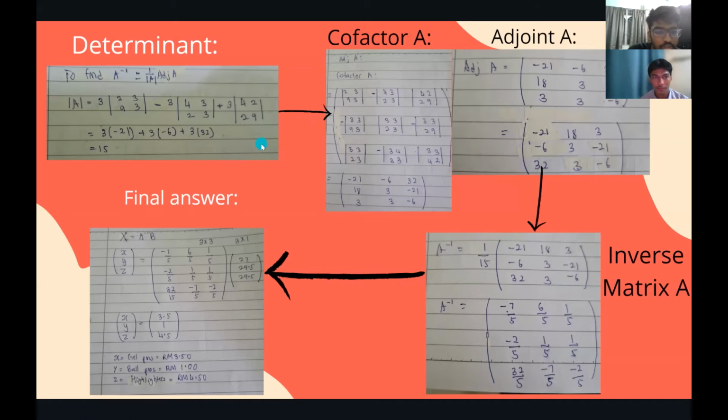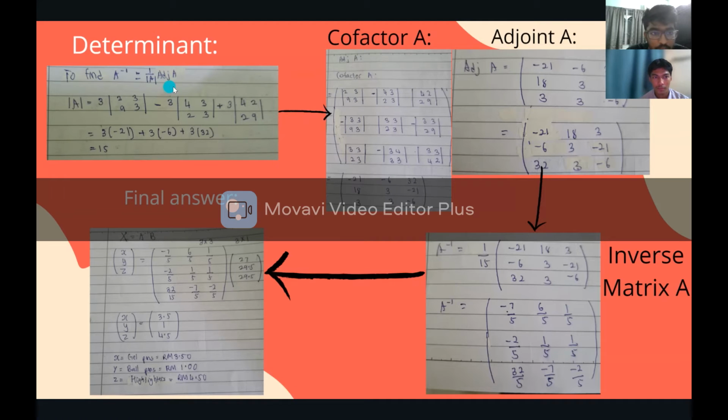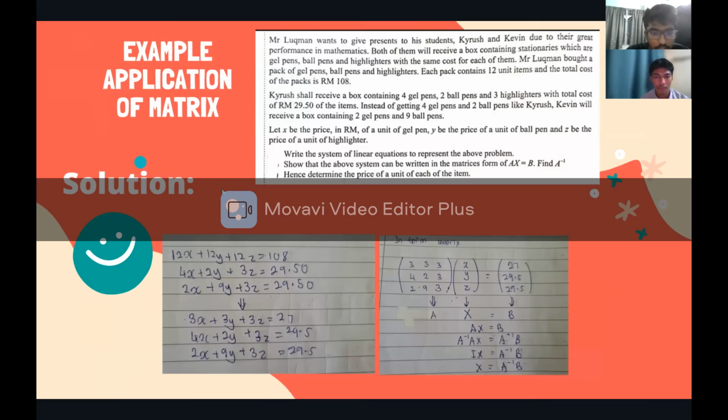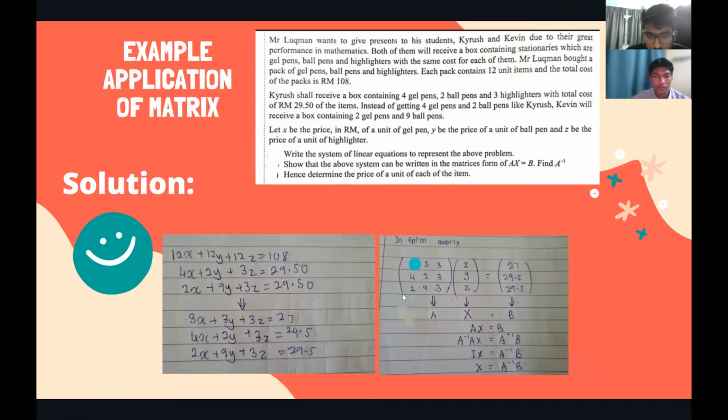Now, finding the inverse matrix A is kind of tricky, but I'll explain it in the process. The inverse matrix is equivalent to 1 over determinant A times adjoint A. First, to find the determinant, you focus on the first row, and you pick 3, and use it as a multiplication process.